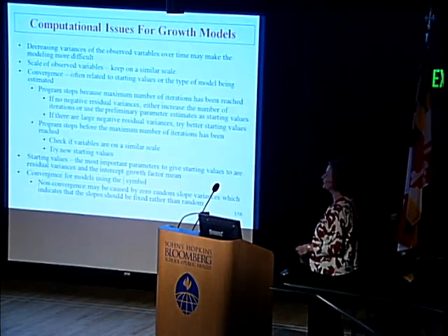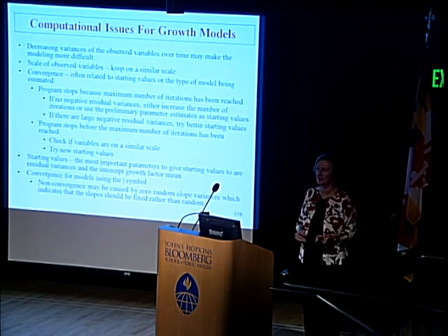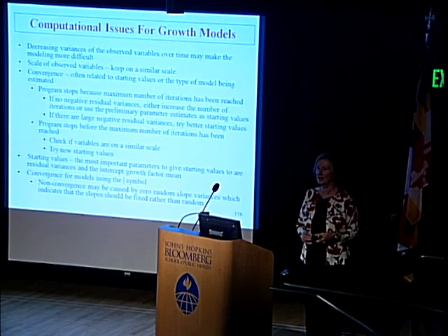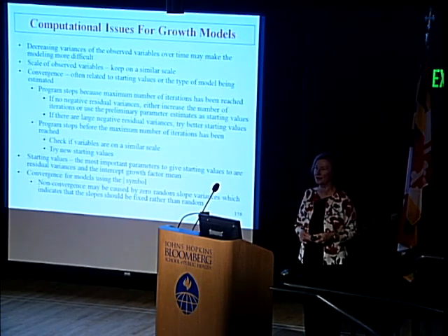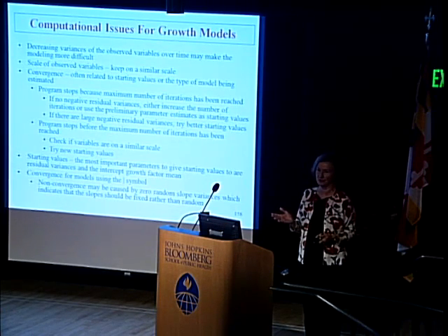We can have convergence problems, which can be related to starting values or to the model. Sometimes the program just stops because the default number of iterations has been reached. If that happens, check the partial output and see if you have any negative residual variances. That's often a problem. If you don't, then you can either increase the number of iterations or give some starting values to the model.